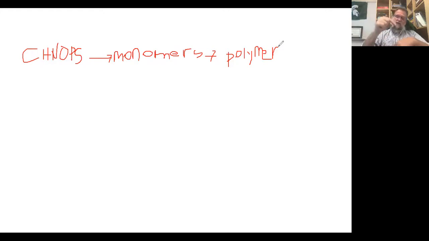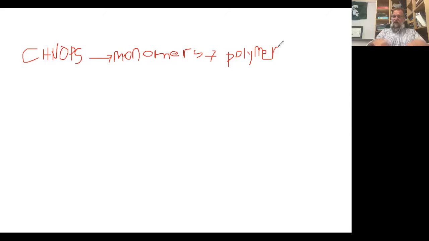Once you've broken the polymer back into the monomer, the protein back into the amino acid, now you're in business, because in your small intestine, you can move the monomers through the cell membrane out of the small intestine into the bloodstream, and then from the bloodstream into your cells.